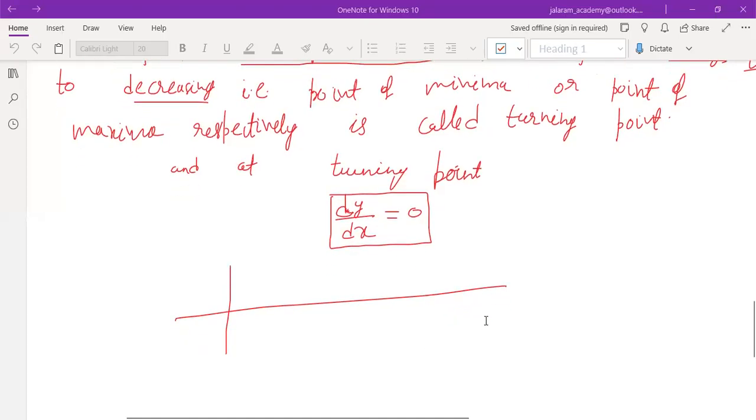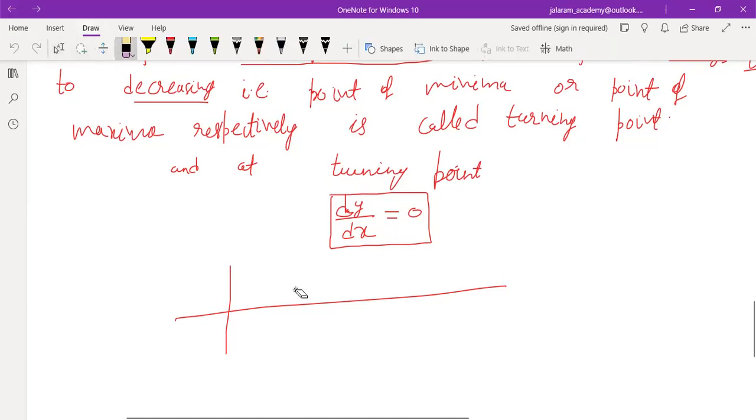Circle has only one point of minima or one point of maxima. Is that clear to you? And circle completely is even not a function also.